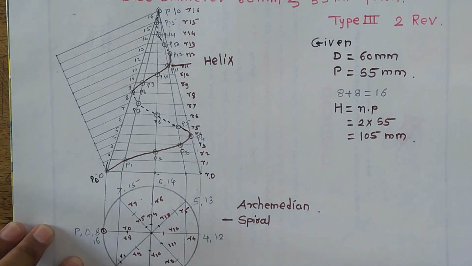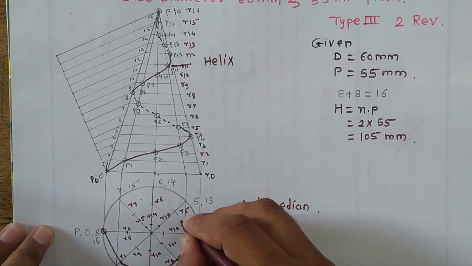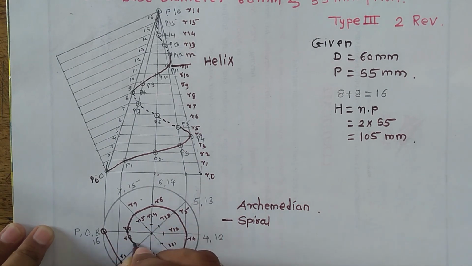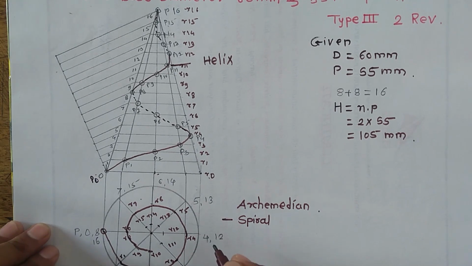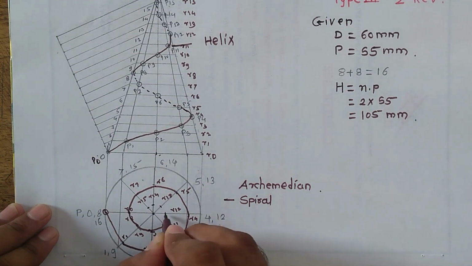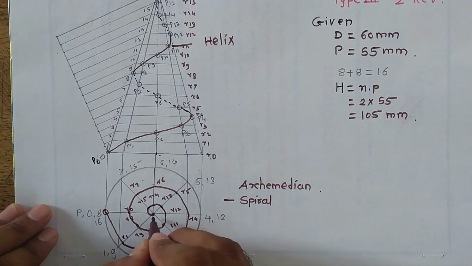So we have to join all these points. I will join these points: 0 to R1, R1 to R2, R2 to R3, R3 to R4, R4 to R5, R5 to R6, R6 to R7, 7 to 8, 8 to 9, 9 to 10, 10 to 11, 11 to 12, 12 to 13, 13 to 14, 14 to 15, 15 to the last, R16.